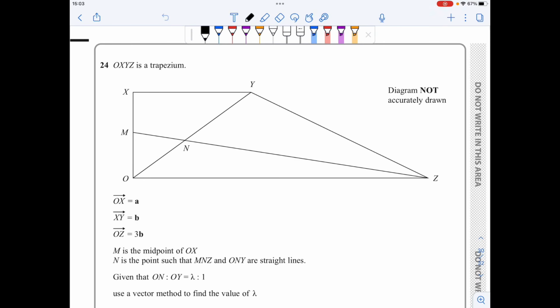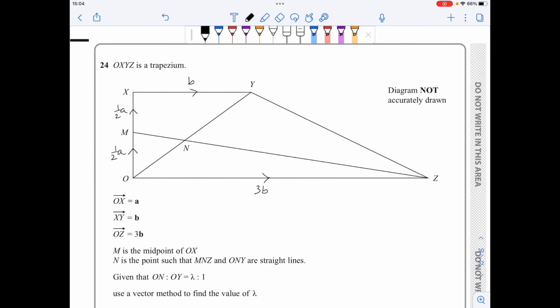In question 24, I'm given that OX is equal to a. M is the midpoint, hence OM and MX are half a. XY is equal to b and OZ is equal to 3b.